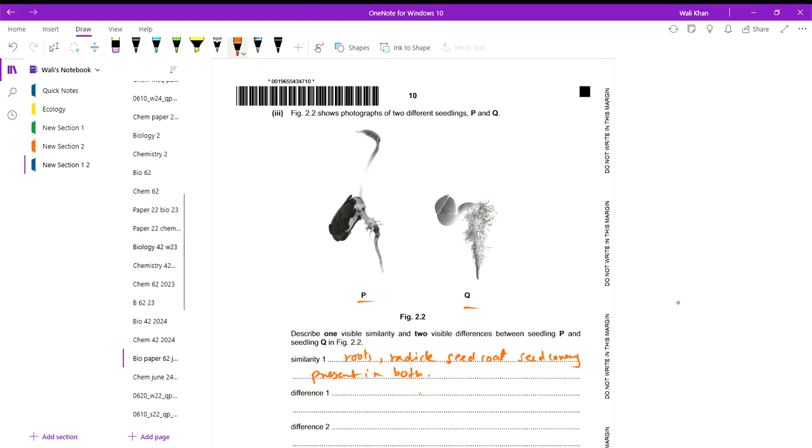Difference number 1, P has a darker seed coat, while Q has a lighter one.